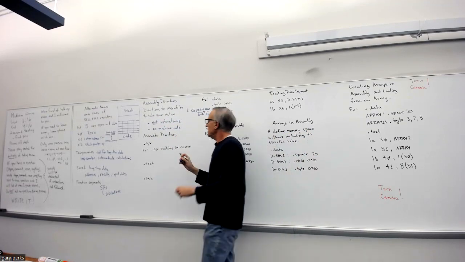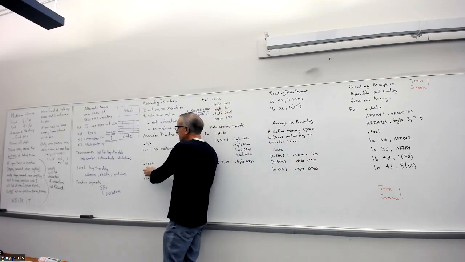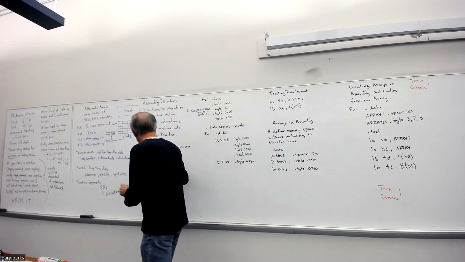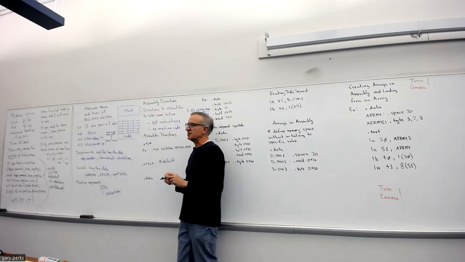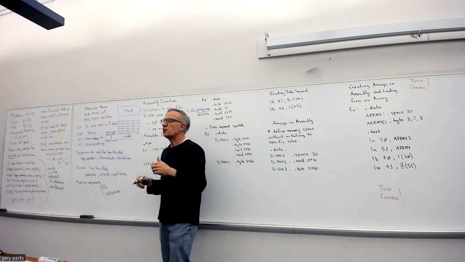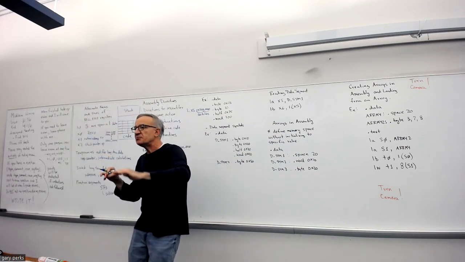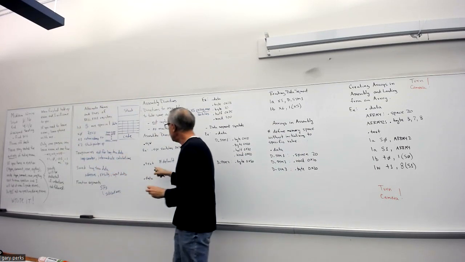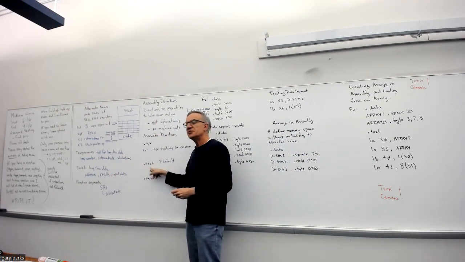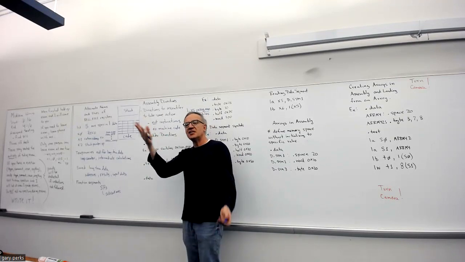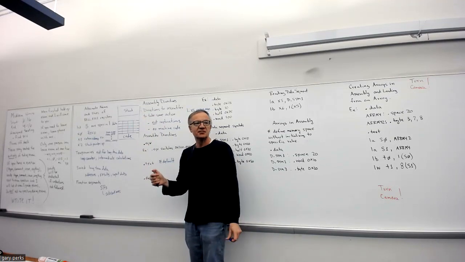Now, here's a directive, .text. This is the default. And this is what you've been doing, because up to this point, when you typed into RARS, you've only typed instructions. So there was no need to tell the assembler that you had instructions because it defaults to that. If you don't put anything, it's just going to take whatever you put in as an instruction.